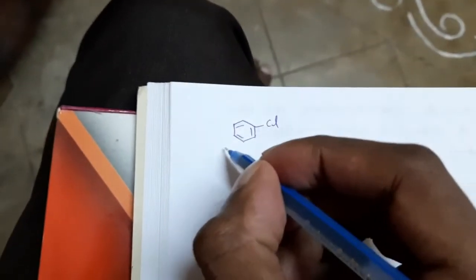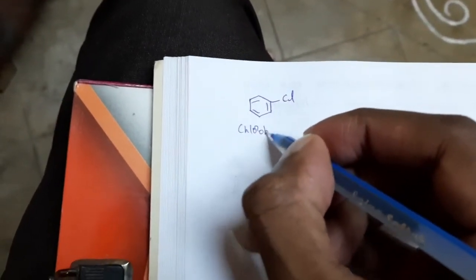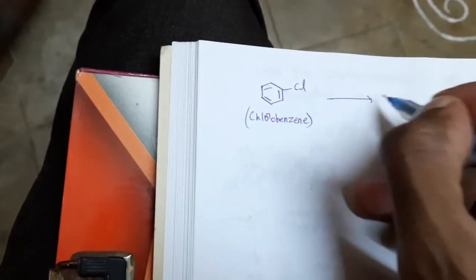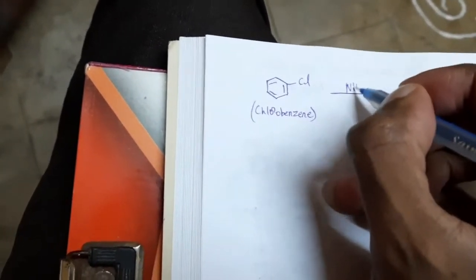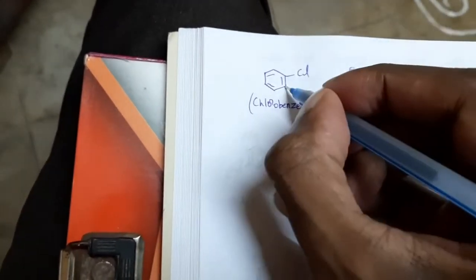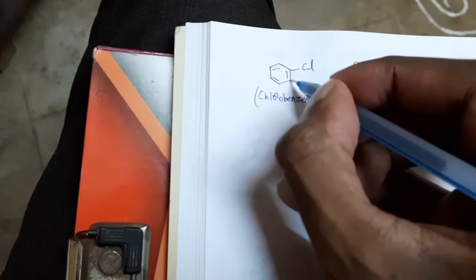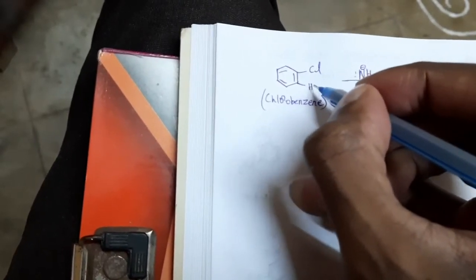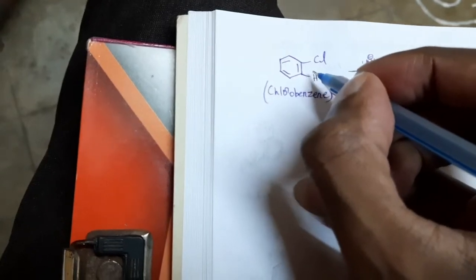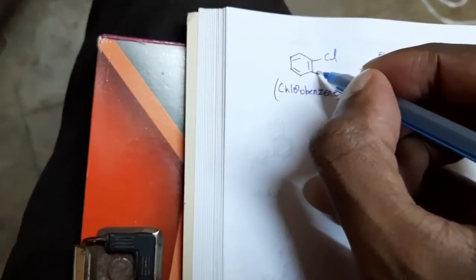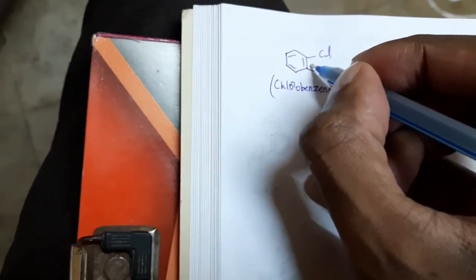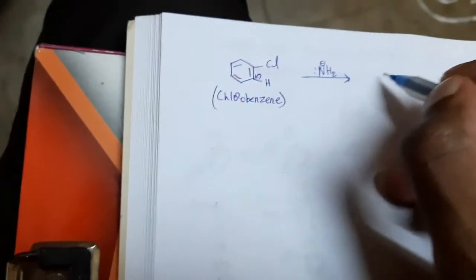Now, this chlorobenzene is treated with NaNH2. In that, NH2 minus acts as a strong base. In this chlorobenzene, the adjacent hydrogen atom, this bonding electron pair is shifted to this carbon atom.